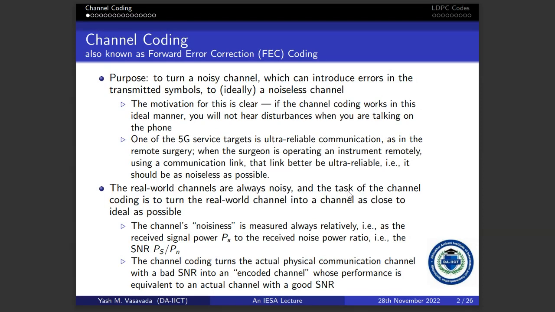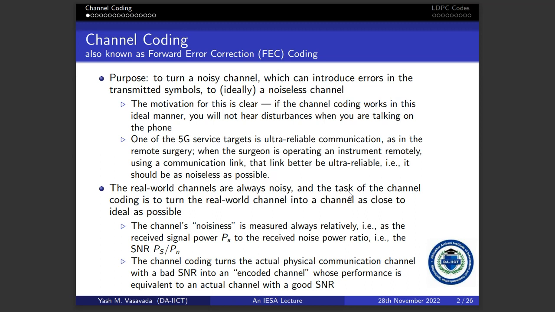And the goal of channel coding is to turn an actual physical communication channel, which may be experiencing a bad SNR, which is pretty low, into an encoded channel, a protected channel, if you will, whose performance is actually as if the channel has a very good SNR.